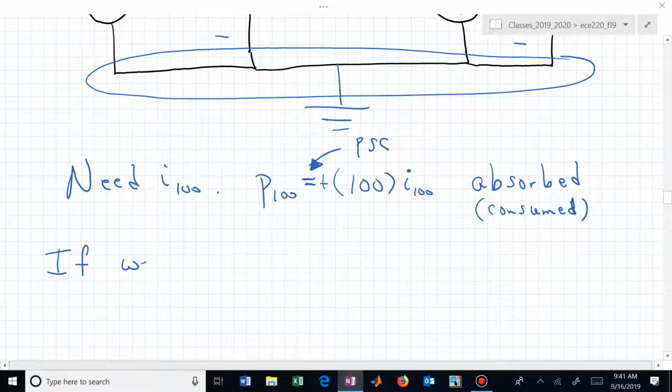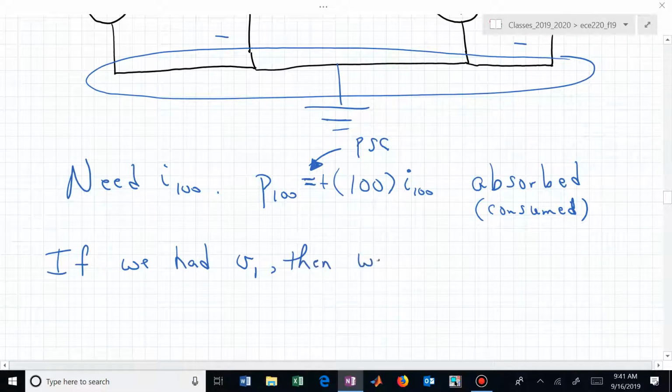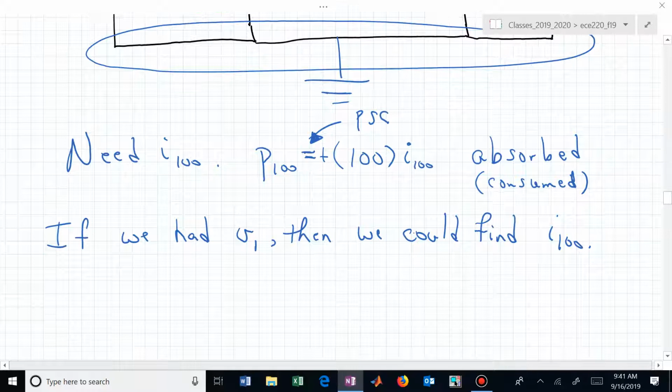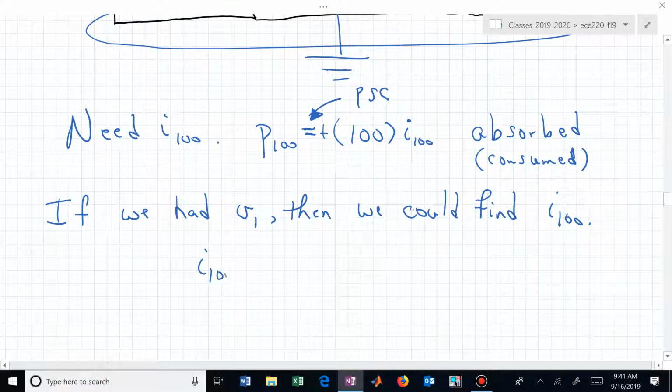And if we had V1, then we could find I100. I100 is just V1 minus 100 divided by 20.